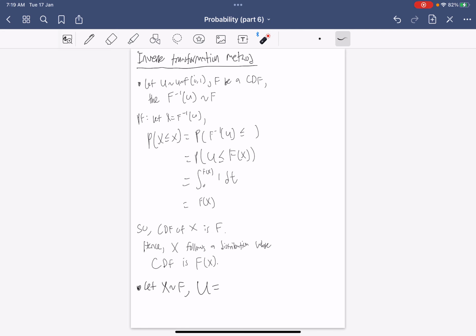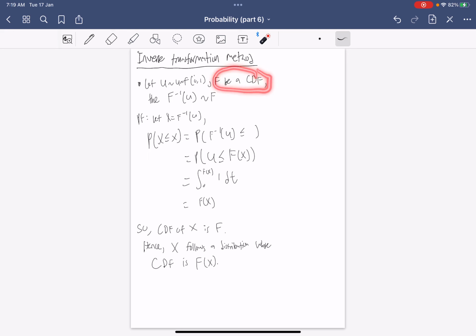But the best part about the uniform distribution is this thing known as the inverse transformation method. What you want to capture is that you have a uniform distribution and you know the CDF of something, or you simulated from a computer the CDF of something.